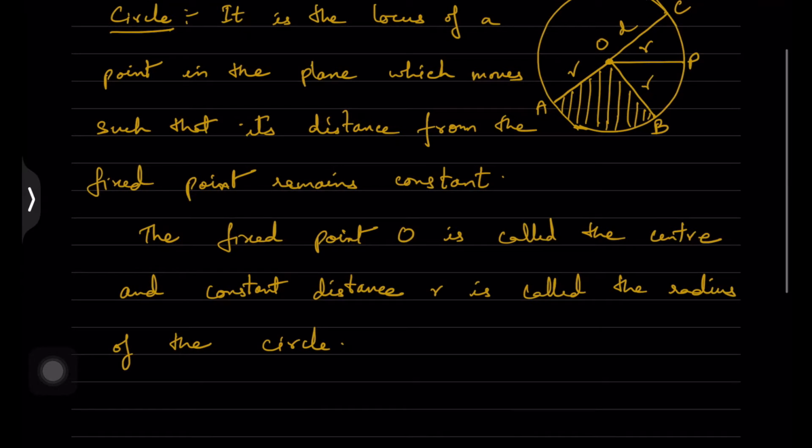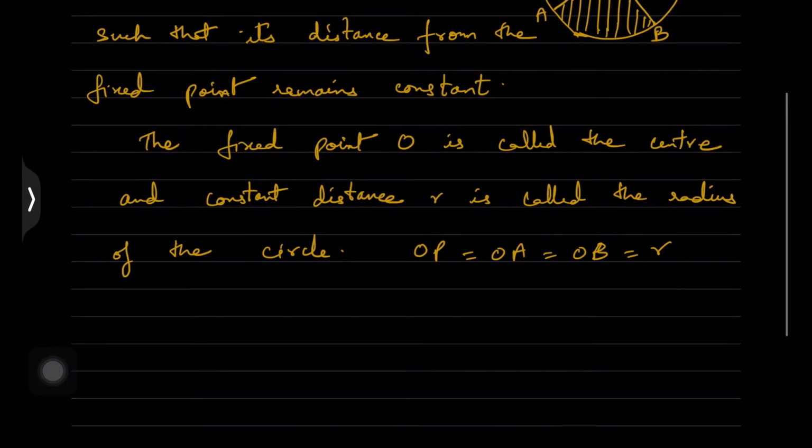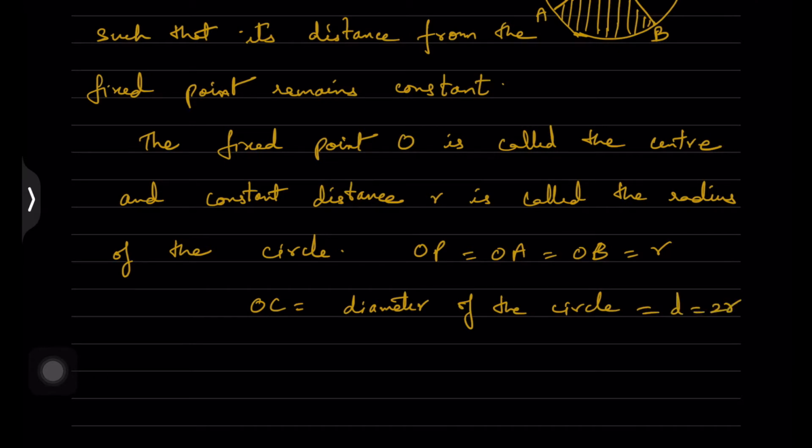And here we have OP is equal to OA is equal to OB is equal to R, that is the radius of the circle. And OC is nothing but the diameter of the circle, which is equal to D, which is equal to 2R, twice the radius.